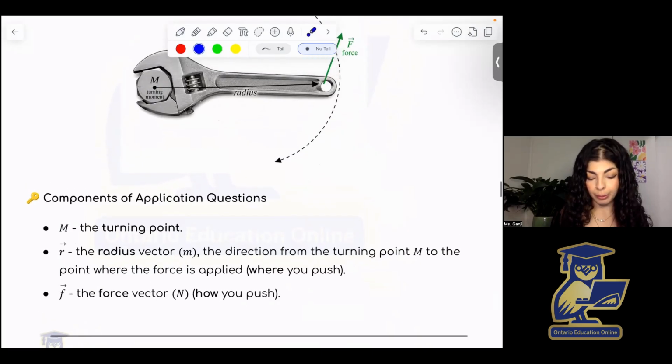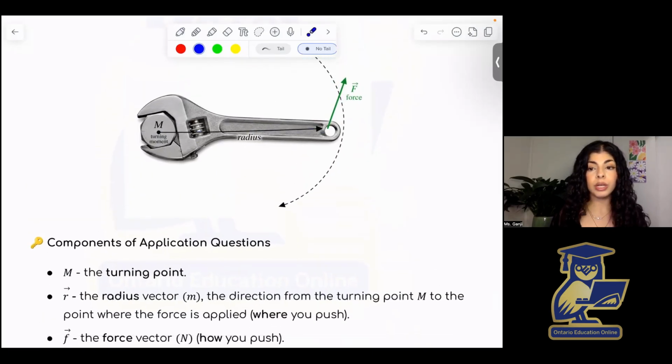So this is where you're pushing. Thinking of this wrench, you can either hold the wrench really close here and turn it, or you can hold it from the handle or down the handle here and push it from here. And this will actually make a difference in the overall force that you're applying to the wrench.